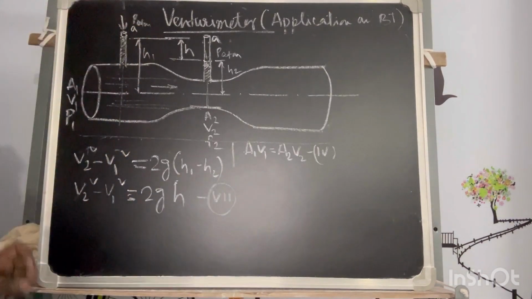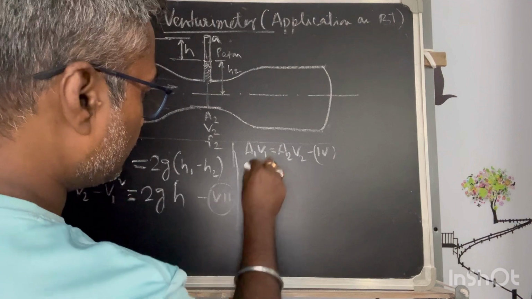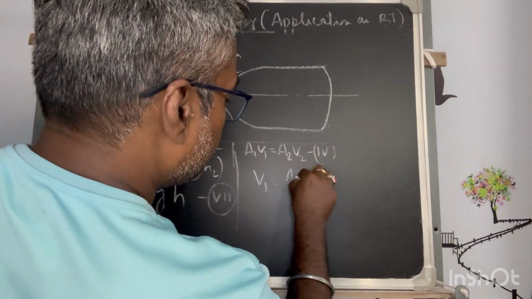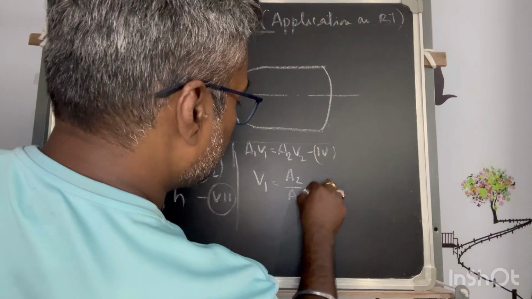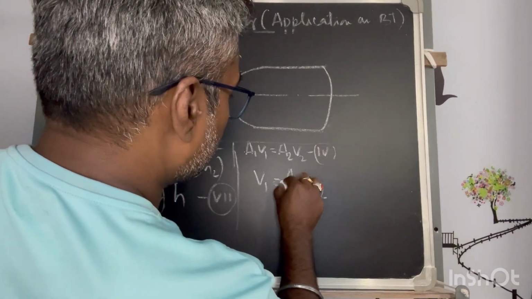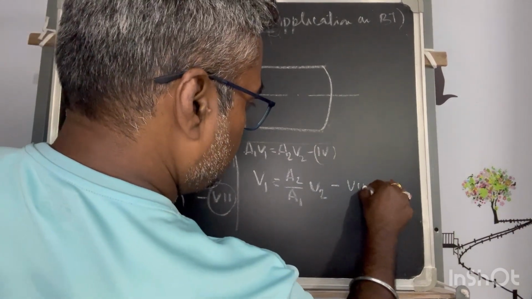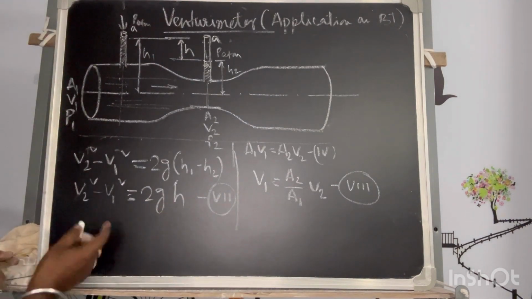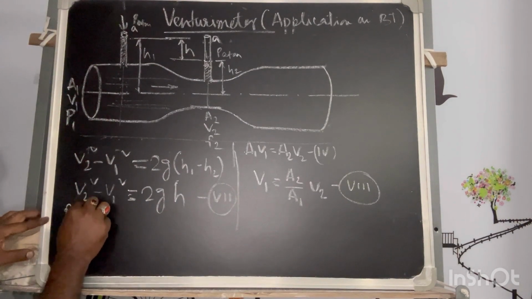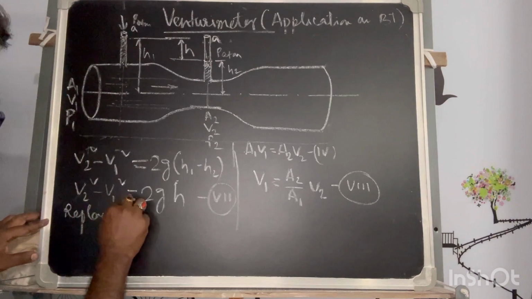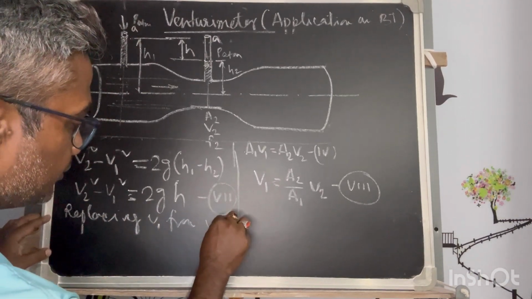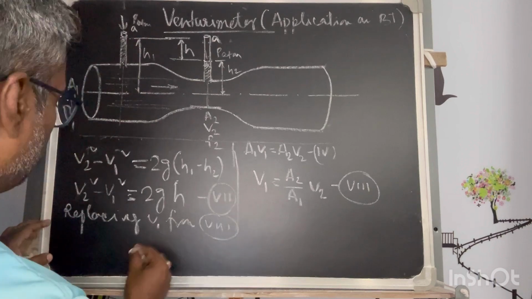Okay. Now from there, what can you find? If I say V1 is equal to A2 by A1 into V2. Okay, this is your eighth equation. This you can replace here. So replacing V1 from the eighth equation, what will you find?